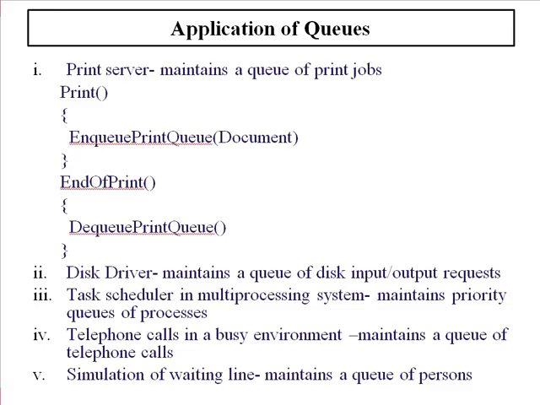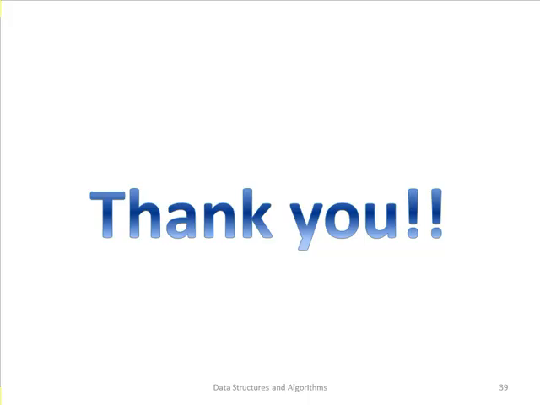Telephone calls in a busy environment also make use of queuing. Then there is simulation of waiting line maintenance, the queue of persons. Such machines, scenarios or environments are using the queue concept. That's all.